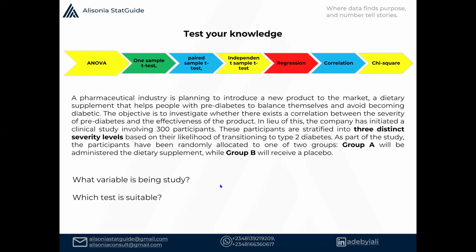The variable being studied is severity of diabetes and product effectiveness. Since we have three distinct groups here, group 1, qualitative, and another two groups, group A and group B, another qualitative, the suitable test is chi-square.